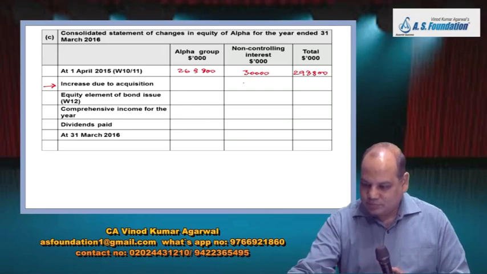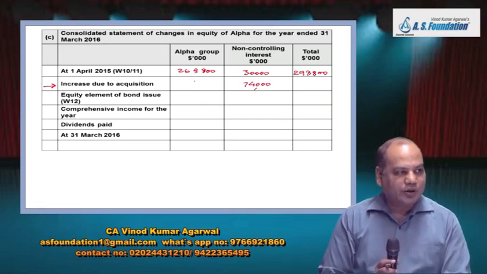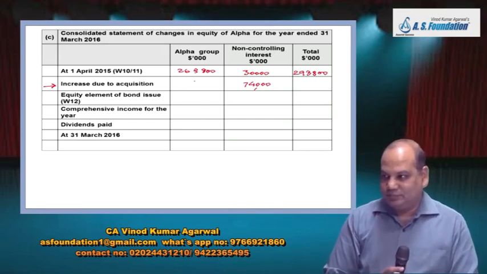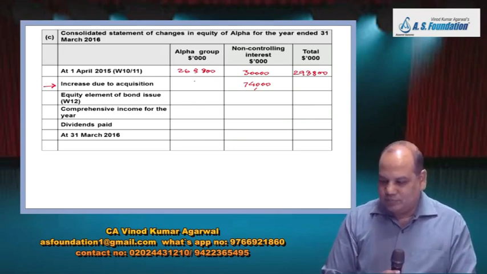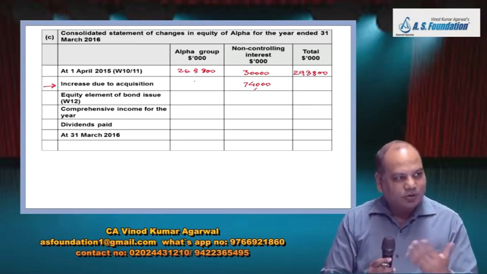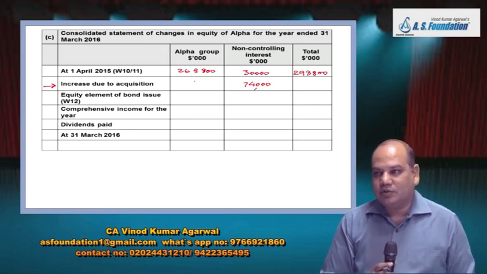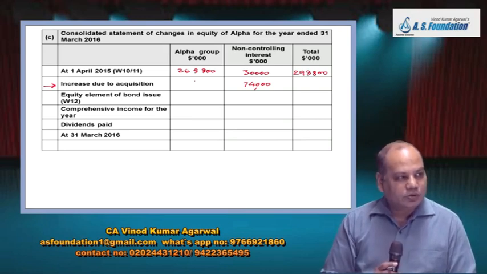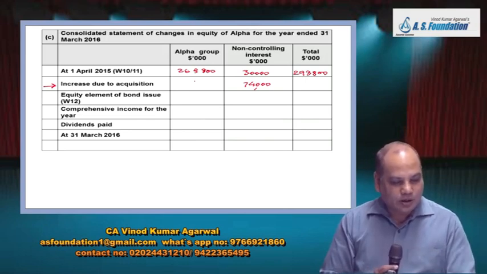Yes, wait. I have an important question to ask. How much will you write in the Alpha group column, or will you not write? One student is saying don't write. That will also change, because you have issued shares to acquire Gamma.